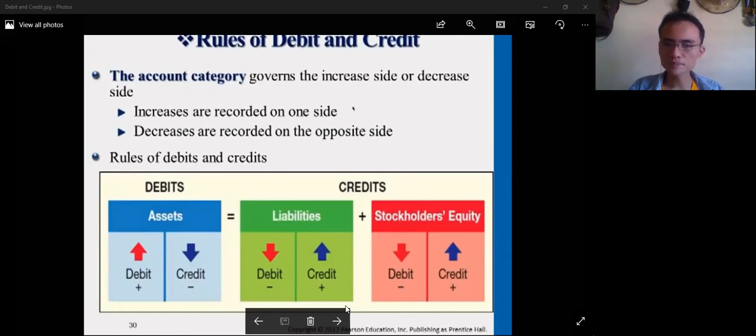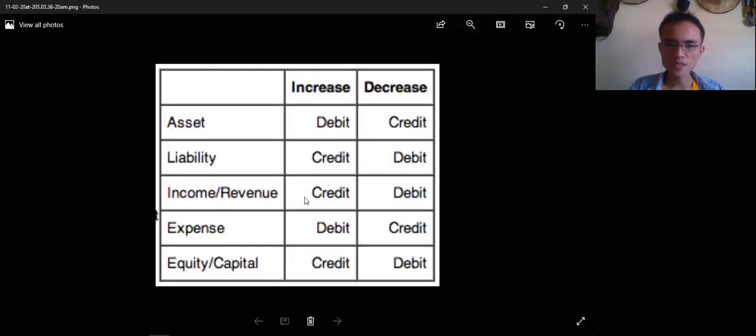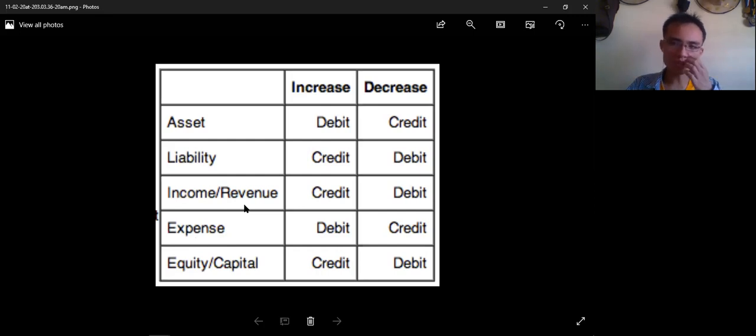And then we have another picture. This shows that on the debit side, assets and expenses would increase, and on the credit side, liabilities, income, and equity or capital would increase. By the way, another term for income is revenue. What is lacking here is drawing, which will increase on the debit side.